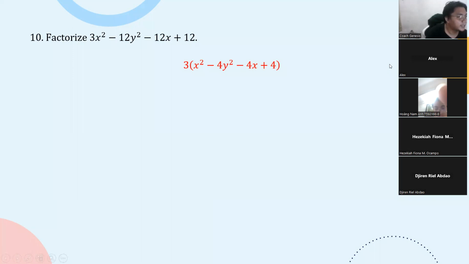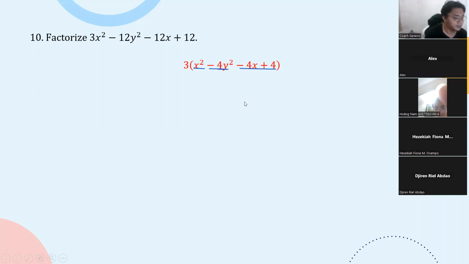Now, if you take a look here, you will have x squared minus 4x plus 4. That is a perfect square trinomial. This is also a perfect square. And as you can see, it is a negative value.